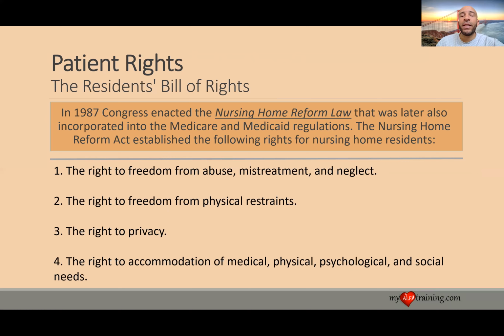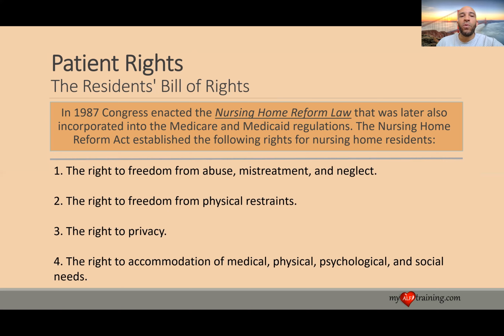And so basically, it's saying that even though these individuals require additional assistance because of some disability or because of their old age, we still have to give them the same rights.